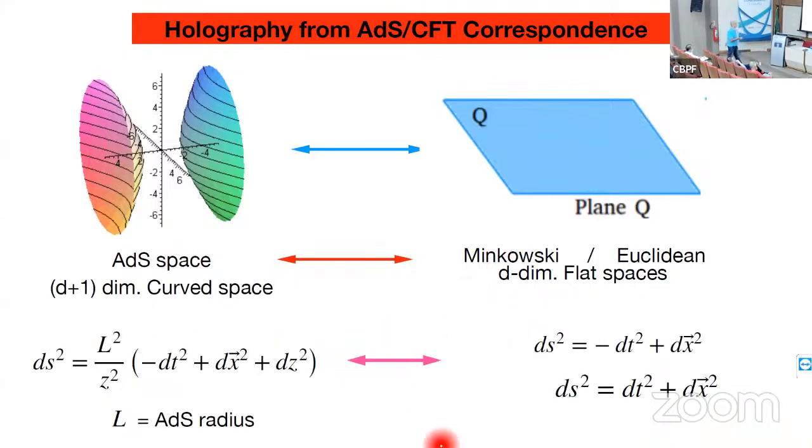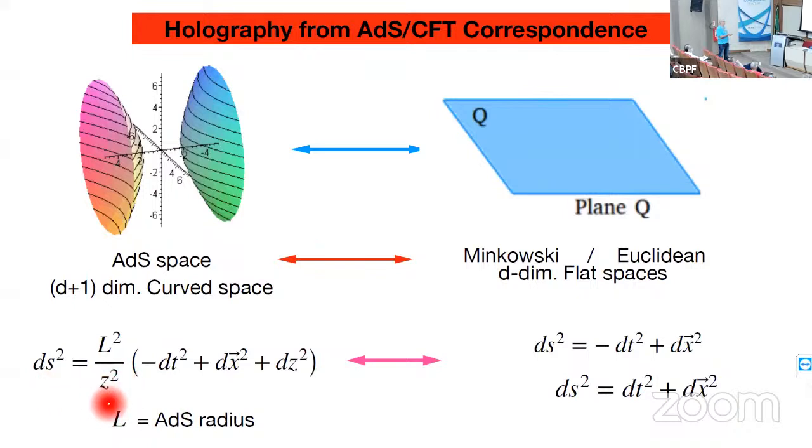So this is the typical metric in AdS space. It looks like a flat metric here, right? But this t and x are the usual Minkowski coordinates, so this is the Minkowski signature. And this z is the extra coordinate, the additional coordinate that we are using to do holography. And this is the curvature, the warping factor. L is a fixed AdS radius, which is usually put to 1.